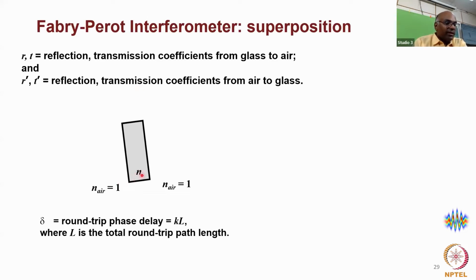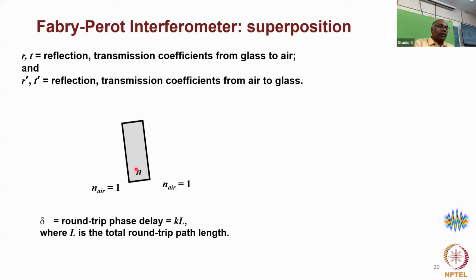And the material constituting this high quality glass has a refractive index N. Glass is made up of silicon dioxide, which is a wide band gap material. So for visible and infrared wavelengths up to about 1100 nanometers, the glass is transparent. And if it's high quality, it is lossless as well.